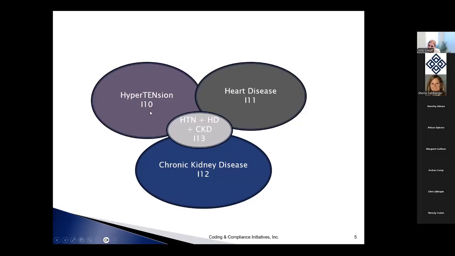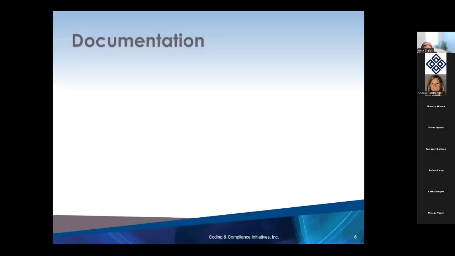So if your provider is documenting essential hypertension or uncontrolled hypertension, that is great. It gives us the descriptor, if we're reading it, as to what they are diagnosing that patient with related to their hypertension. But from a coding perspective, we only have one code to pick from.